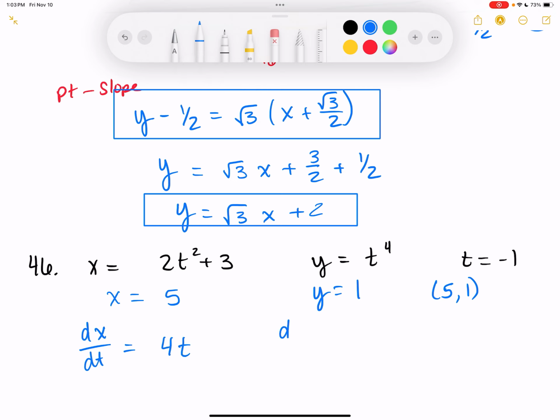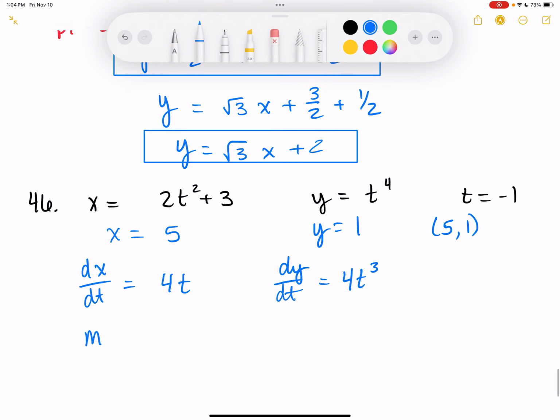I almost went for a third, but I stopped myself. dy/dt is 4t cubed. All right, so then to find my slope, it's going to be 4t cubed over 4t, which is 4 times negative 1 cubed over 4 times negative 1, which gives me positive 1. So 1 is my slope.